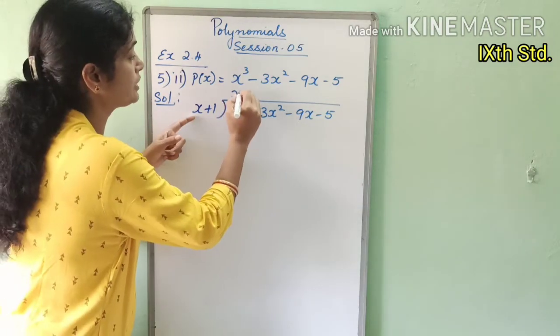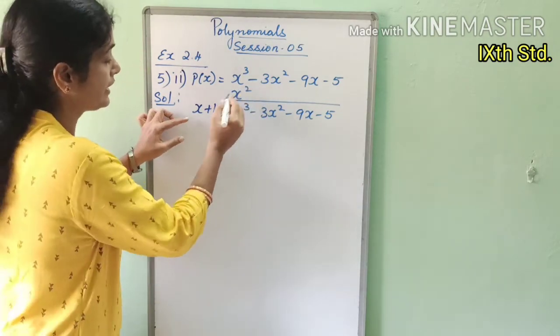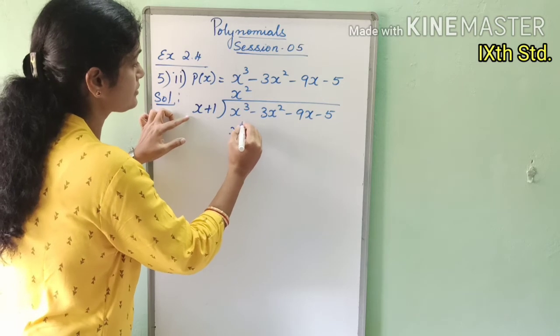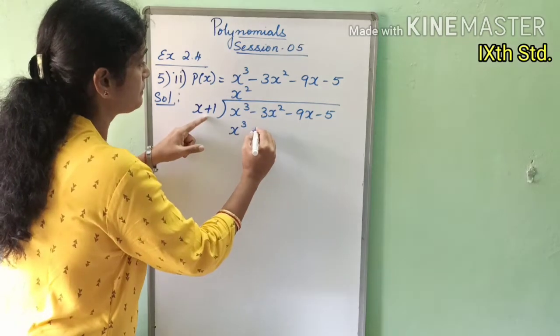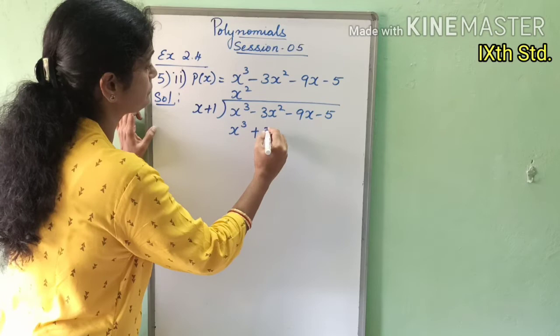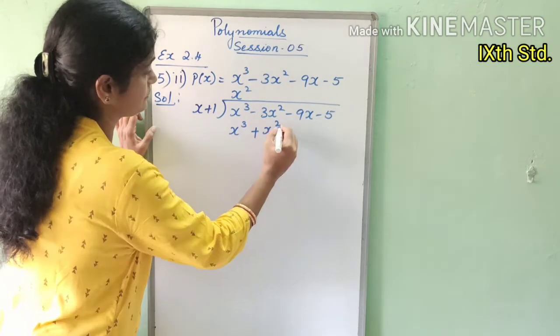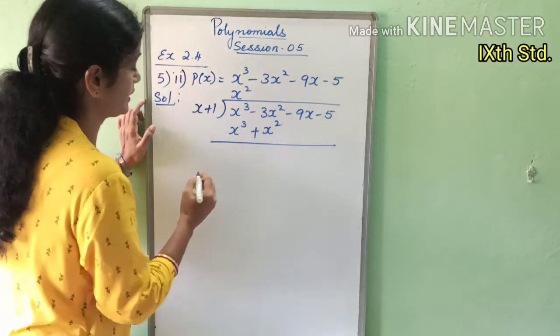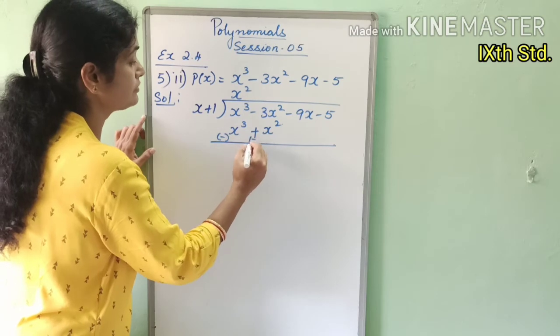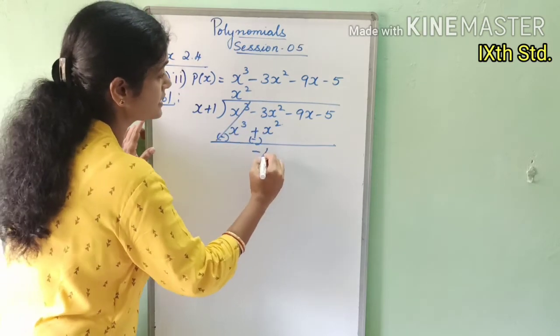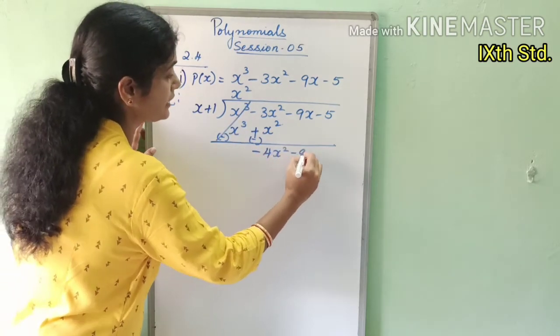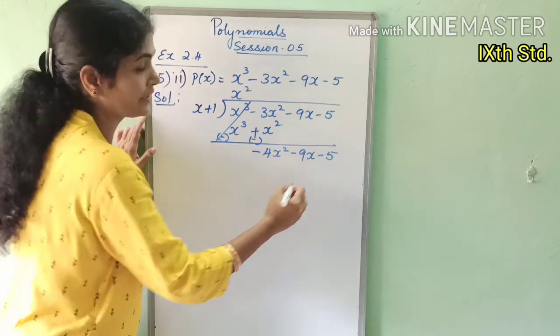So the first term in the quotient is x square. x square into x is x cube plus x square, right? So this one negative, negative. So minus 4x square minus 9x minus 5, right?